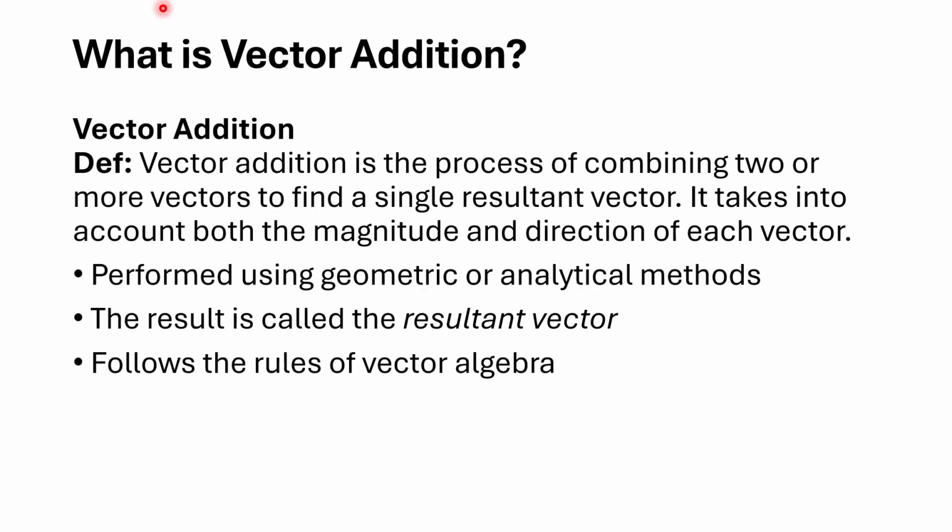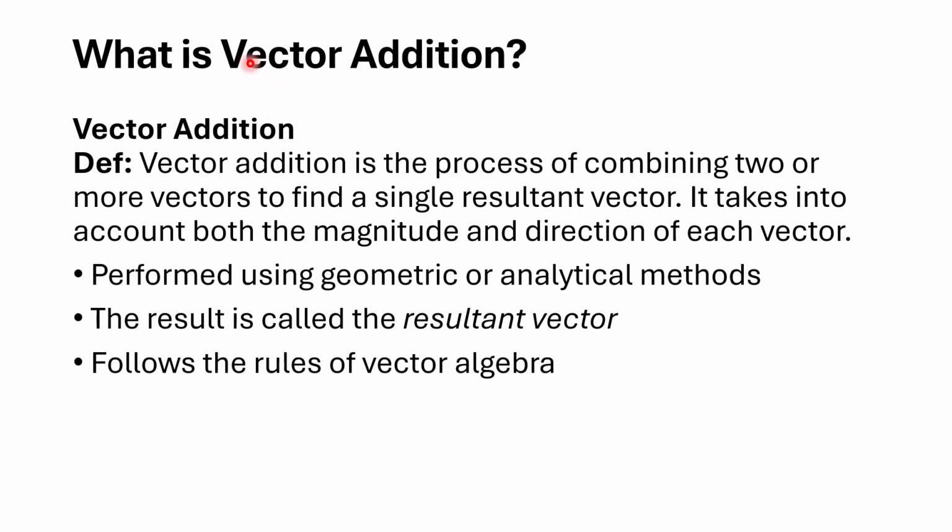First of all, we should know what vector addition is. Vector addition is the process of combining two or more vectors to find a single resultant vector. It takes into account both the magnitude and direction of each vector. As we know, each vector has magnitude and also direction.